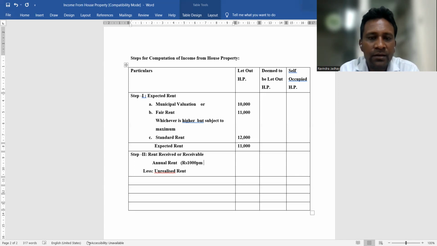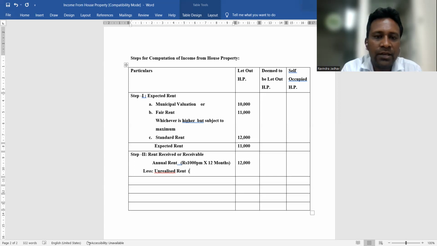Okay, so for example, per month rent is rupees 1,000, multiplied by 12 months. So what is the calculation? 1,000 multiplied by 12, 12,000. Okay, and for example that particular tenant did not pay rent for 2 months, rupees 1,000 multiplied by 2 months.